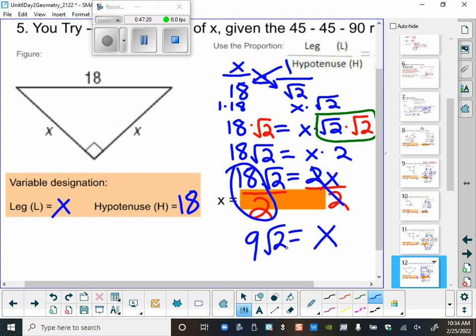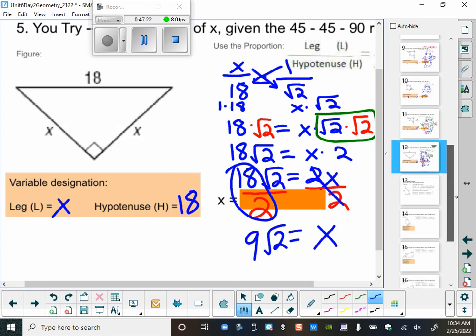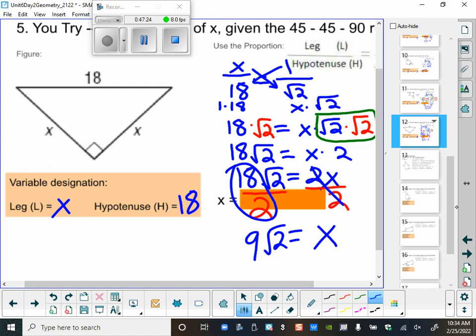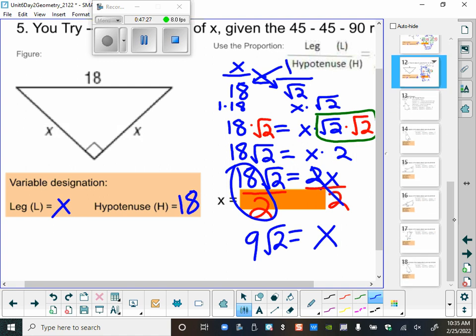All right, so that's what we're going to be doing the whole time. Proportion, setup, solve. Some of them it's just going to be 1 proportion. Some of them might be 2, depending on what's given to you. But it doesn't matter. Also, we're going to probably see this rule again. Maybe not so much with square root of 2, but maybe square root of 3.